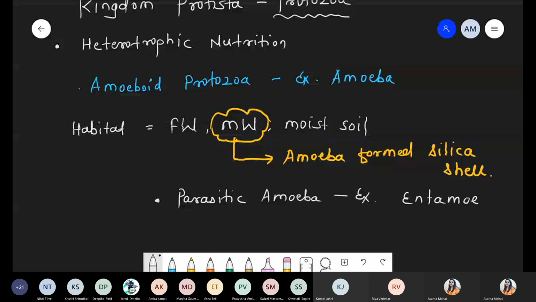And another simple pattern: you know very well, amoeba show pseudopodial movement, false feet. Such type of movement is called pseudopodial movement. That's with respect to the first group, the amoeboid protozoa.